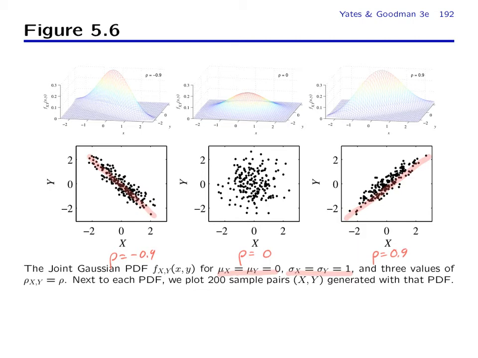So for instance, the pairs for positive correlation were generated by the PDF on the right.